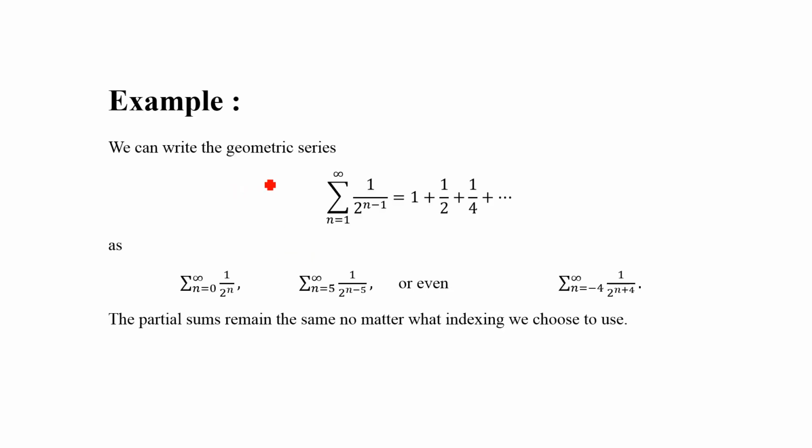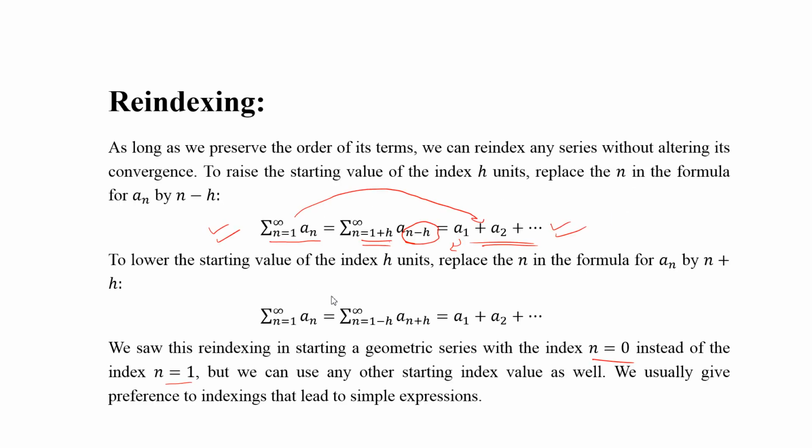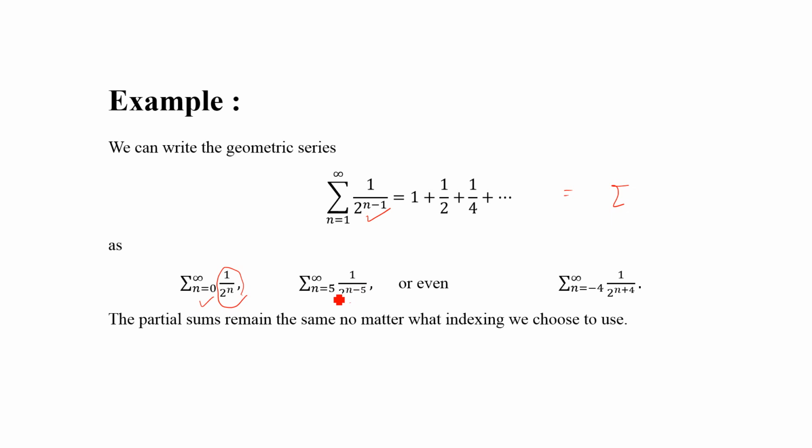So here we have a geometric series. If we start it with n equal to 1, it will be this series, and if we start with n equal to 0, this becomes this series. If we start with n equal to 5, we have this series. If you look at the previous, n is equal to 1 plus h, so 1 plus h here is 5.